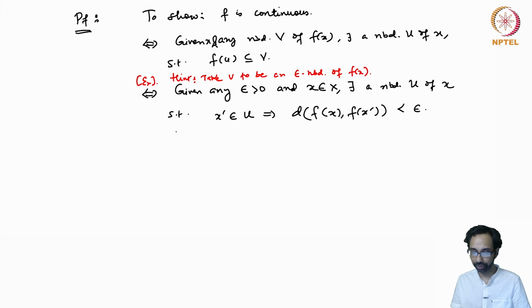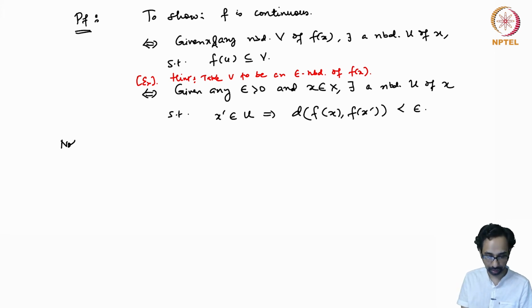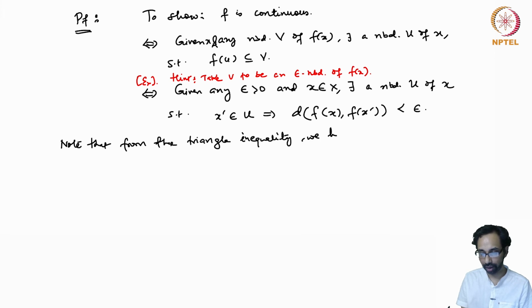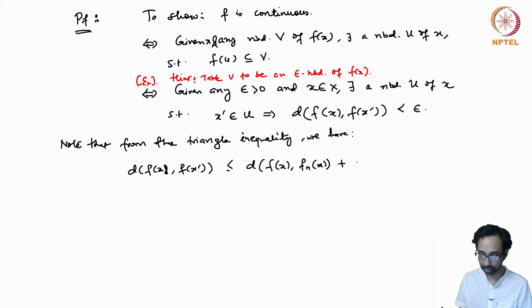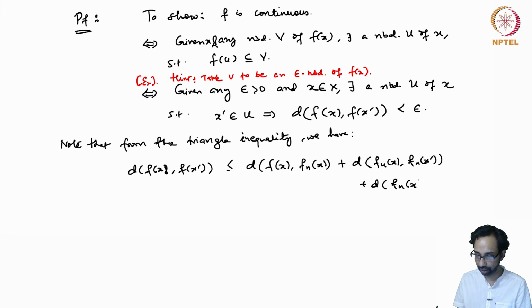prove the third statement, and for this we note that from the triangle inequality, we have that the distance between f(x) and f(x prime) is less than or equal to the distance between f(x) and f_n(x), plus the distance between f_n(x) and f_n(x prime), plus the distance between f_n(x prime) and f(x prime).